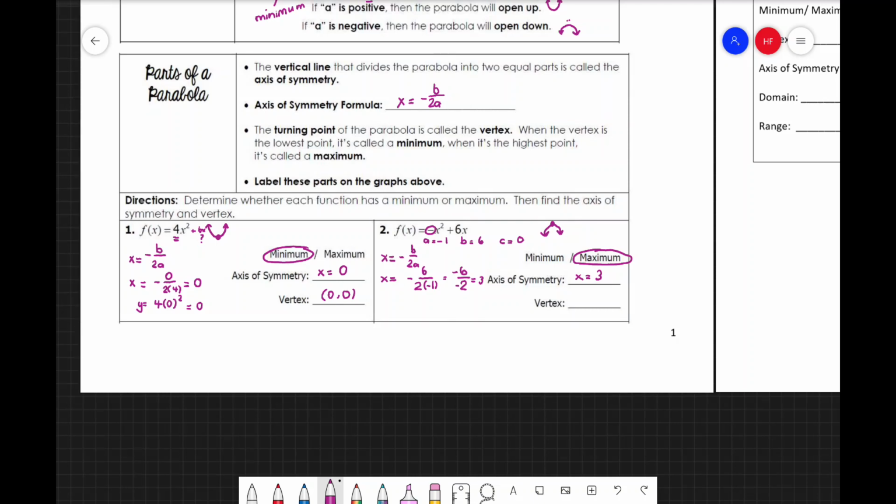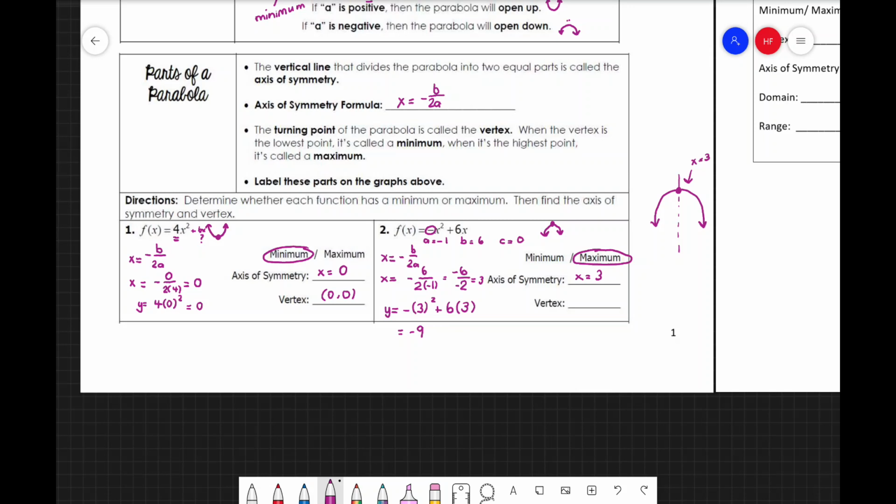And I know that axis of symmetry is going to cut my parabola straight down the middle, going through the vertex. So if I know my x value for the vertex, then in order to find the y, I just need to plug that in. So y equals negative x squared, so negative 3 squared plus 6 times x, which is 3. 3 squared is 9, so negative 9, since the negative is on the outside.